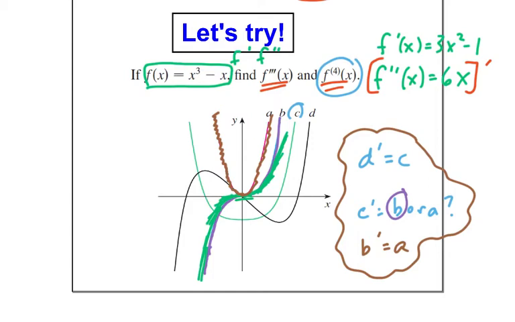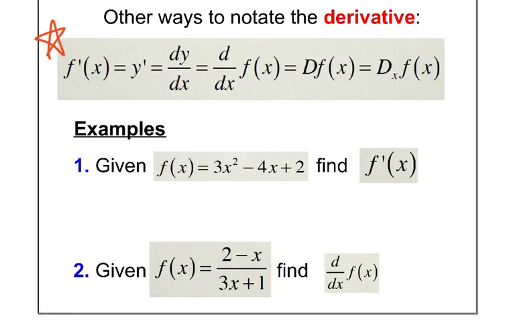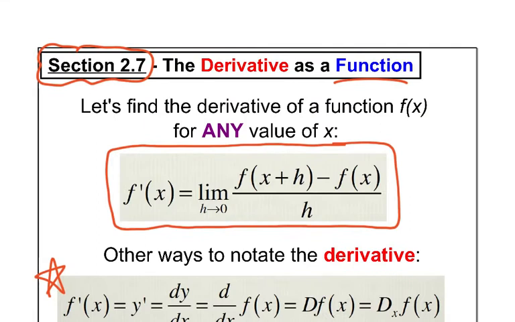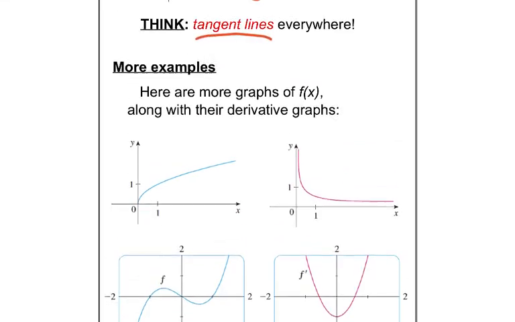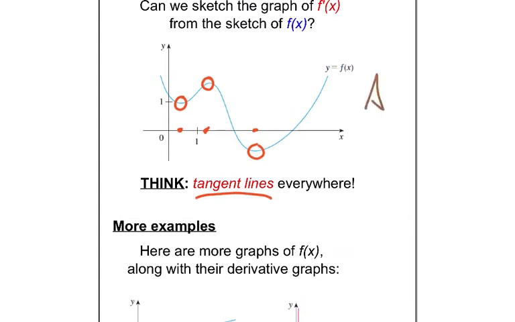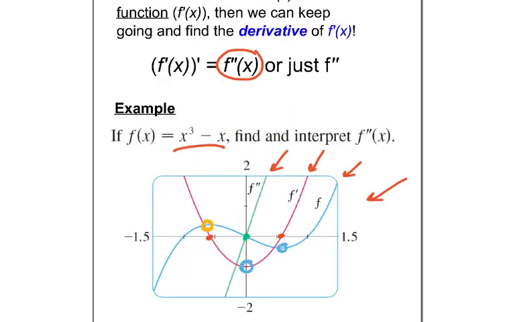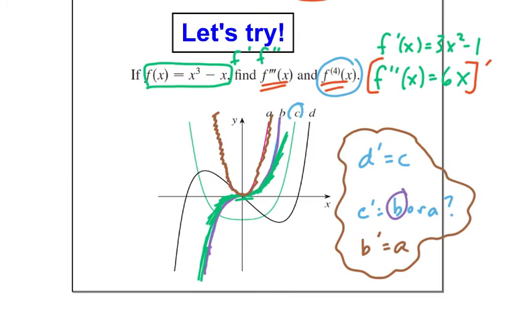Great job, folks. So now what you did is you found the derivative algebraically. You're now able to find the derivative visually. And finally, a good AP question would be, if you're given a set of 4 graphs, can you put the derivatives in order?